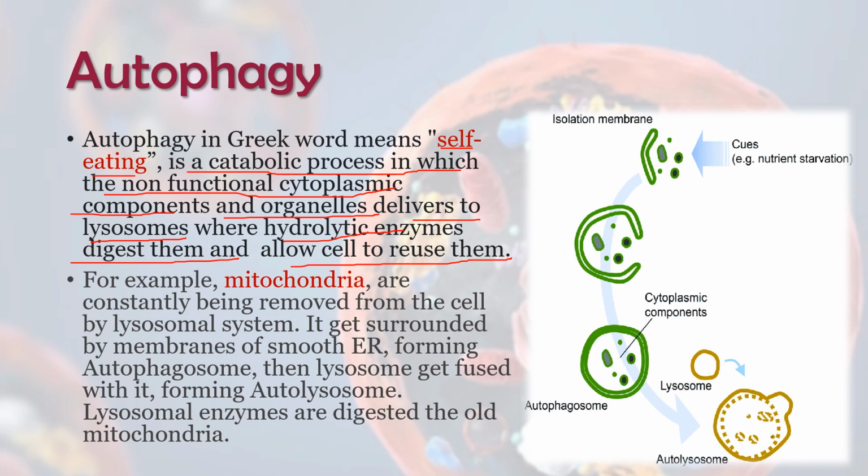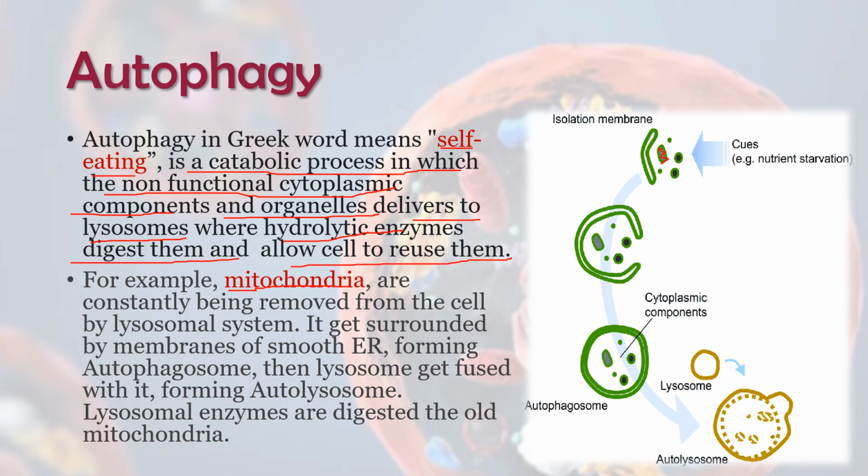For example, mitochondria are constantly being removed from the cell via the lysosomal system. It first gets surrounded by the membrane of smooth ER. So suppose this is our mitochondria. We know that mitochondria are constantly being removed from the cell, and this is done by the lysosomal system, which digests the mitochondria.